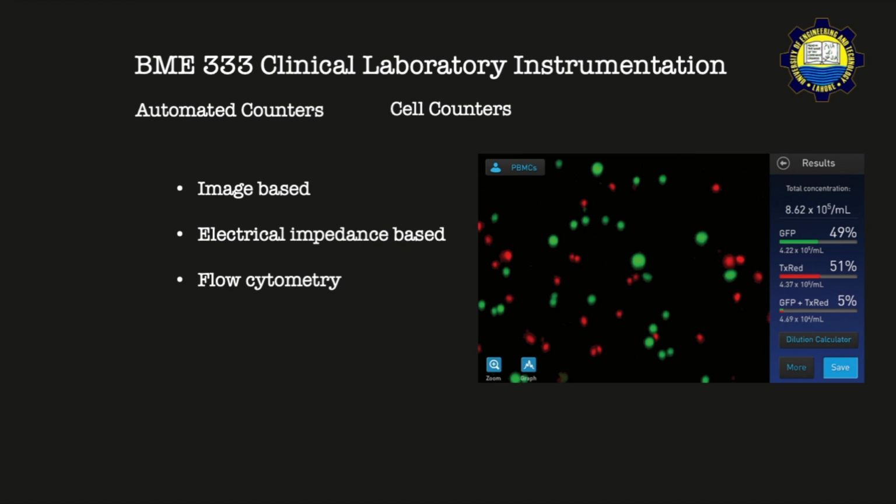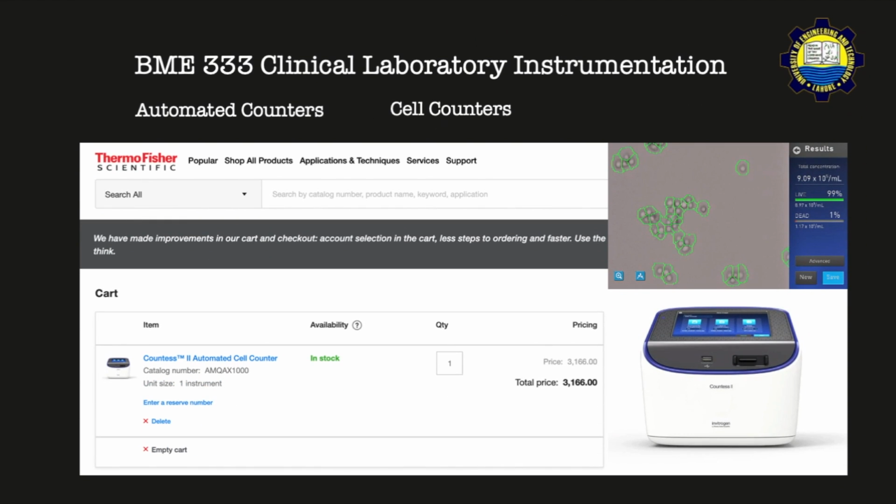So a similar phenomenon here, where you're understanding the cell's granularity, the morphological setup of the cell, its size, diameter, and that information is encoded in how the scattered light is recorded after going through those cells. So that's pretty much it for the automated cell counters.